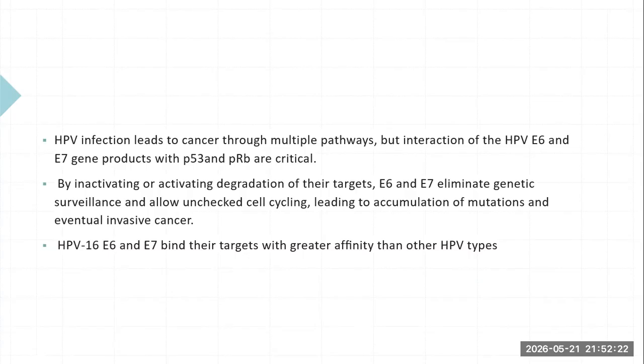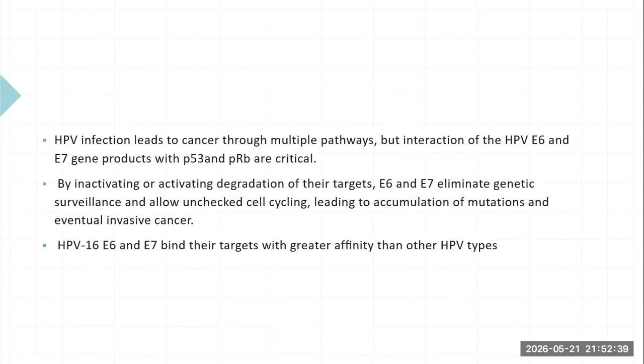HPV infection can lead to cancer through multiple pathways, but the HPV 16 E6 and E7 gene products are of most importance, and they react with the P53 and retinoblastoma gene, and this is the critical point.